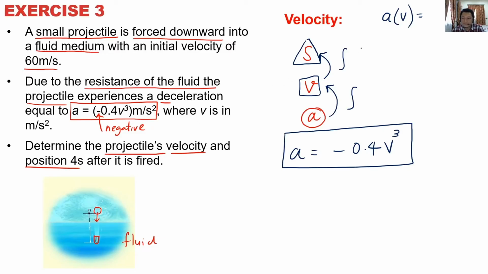So let's check it out. You might be able to use this one, v dv is equal to a ds, or dv over dt is equal to a. So which one is more suitable? You can test and try to find out.